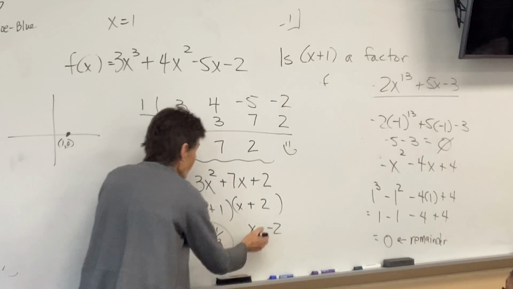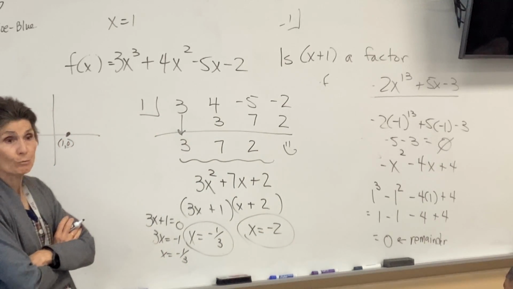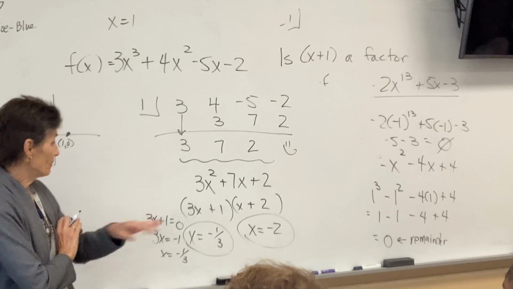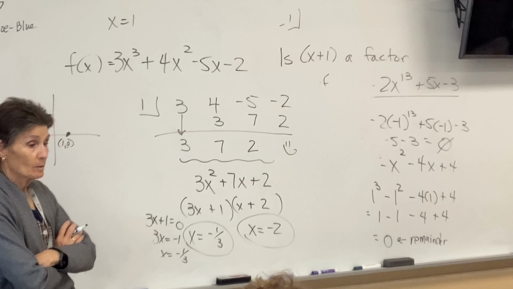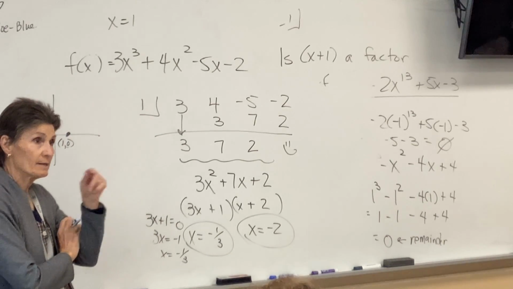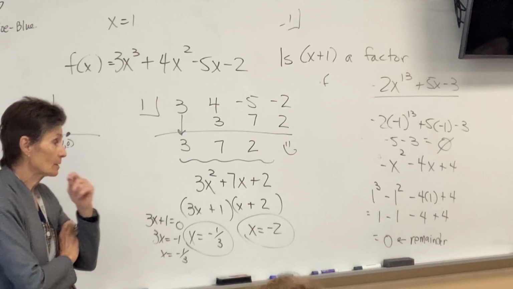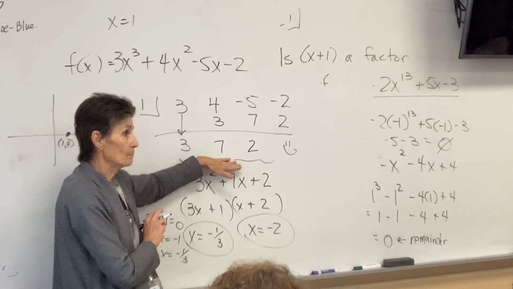So the question was, find the other 2 zeros, find the other 2 roots. There they are. And how did we find them? We took the one they gave us, divided it out, and solved what was left.